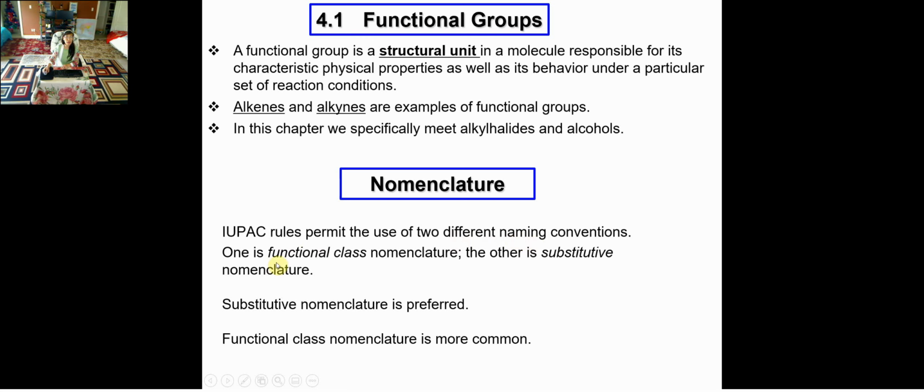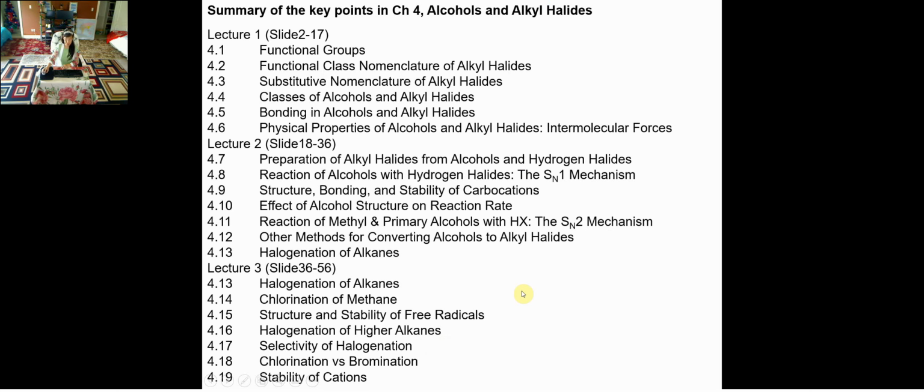One naming convention is called functional class nomenclature. The second is called substitutive nomenclature. Substitutive nomenclature is preferred, however, functional class nomenclature is more commonly used.